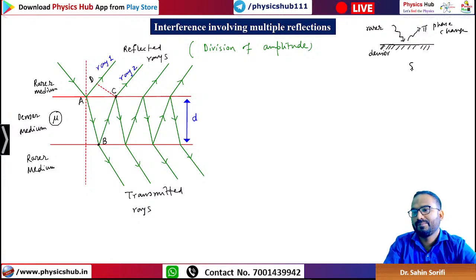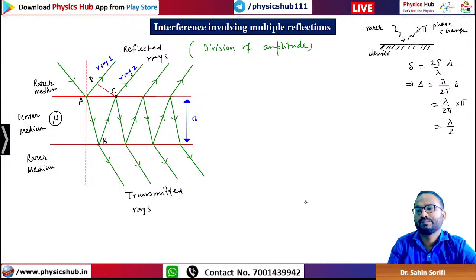Now, phase difference is 2 pi by lambda times path difference. So the effective path difference is lambda by 2 pi times the phase difference, that is lambda by 2 pi into pi, which is lambda by 2.